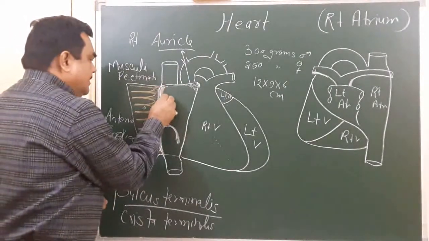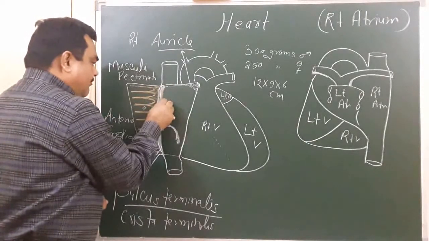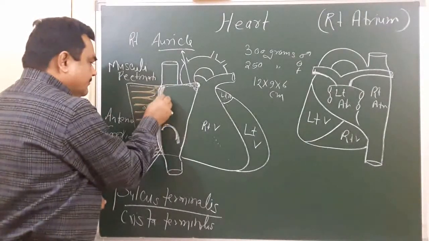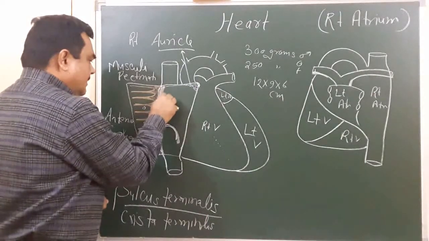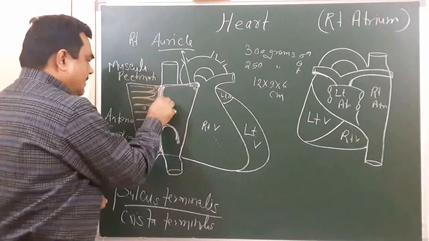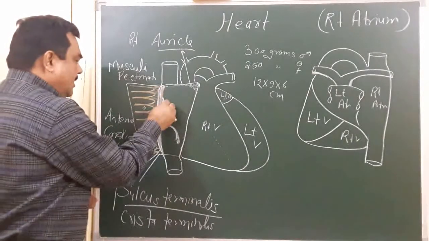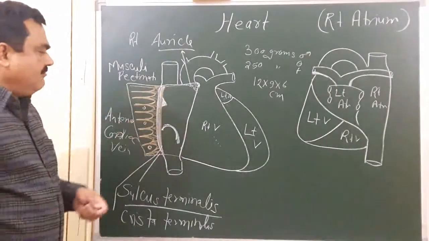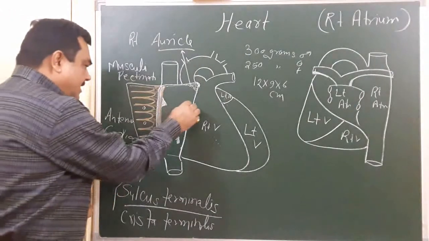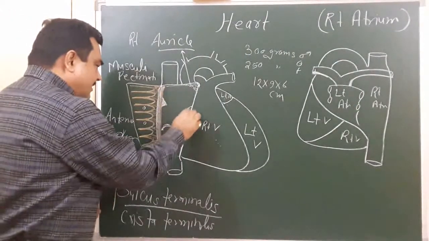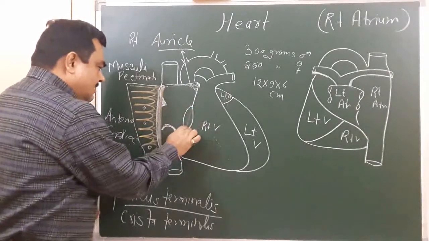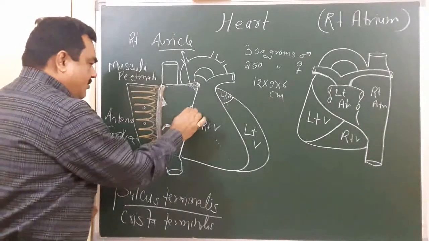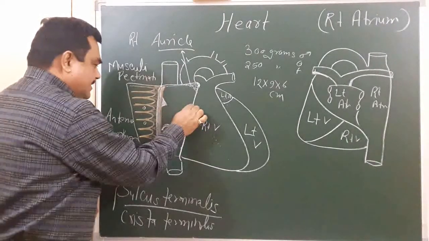And here you will find the interventricular tubercle, and here is the position of the atrioventricular orifice.